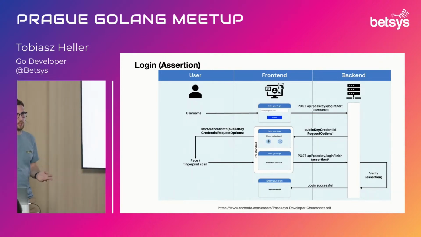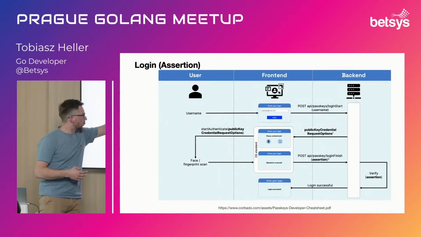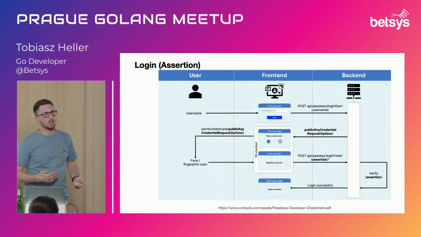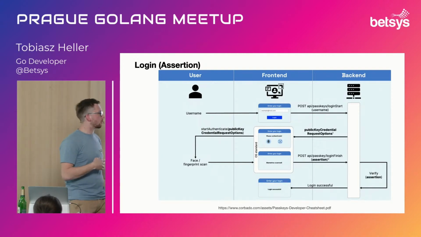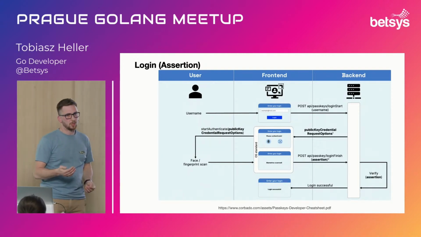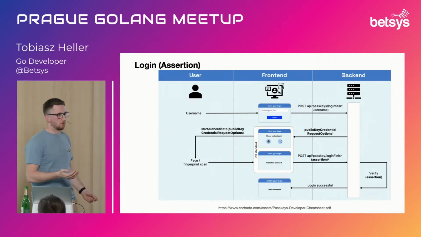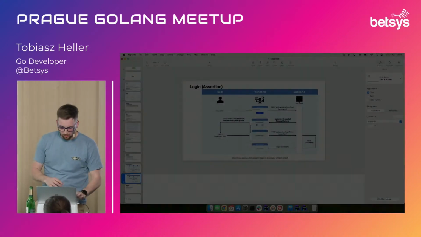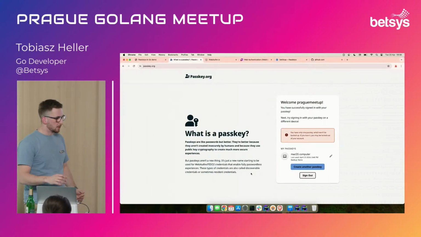So this is more like a temporary store, because it should only exist during those 2 requests, and it should also have some kind of TTL, because the whole ceremony should not take longer than the defined timeout. By default it is 1 minute. So basically you need to store this session data for maximum 1 minute or the timeout that you are using. But yeah, so they are basically used in the ceremony.